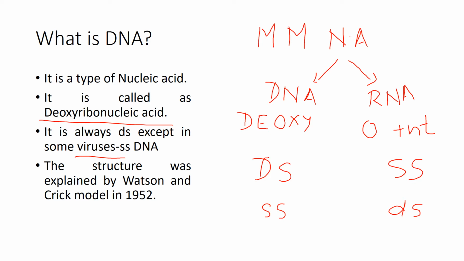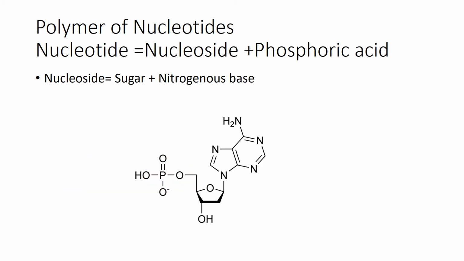Okay. So the first structure which was widely accepted and recognized, which explained the structure of nucleic acid, was proposed by Watson and Crick in the year 1952. What was proposed by Watson and Crick was called the double helical model, which we will come to at the end with some of the statistics of the model.